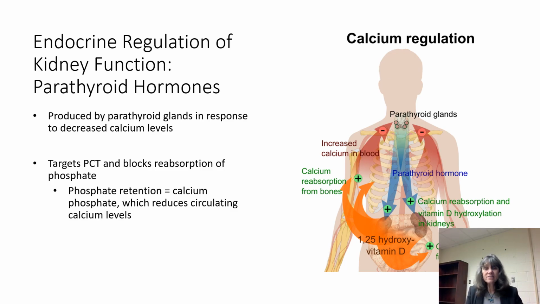We don't want calcium phosphate because that would reduce circulating calcium levels. We just want increased calcium. So it actually blocks the reabsorption of phosphate while increasing resorption of calcium. And that's how the parathyroid hormone acts on the kidneys.